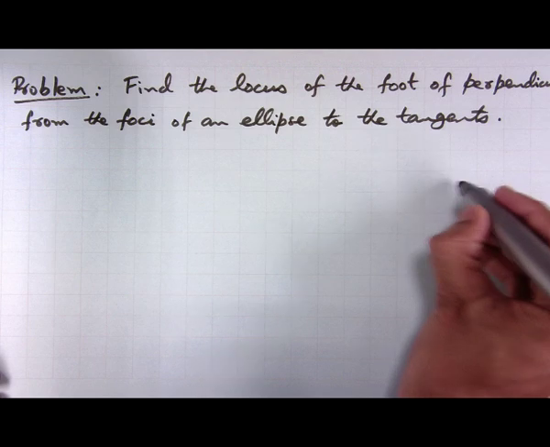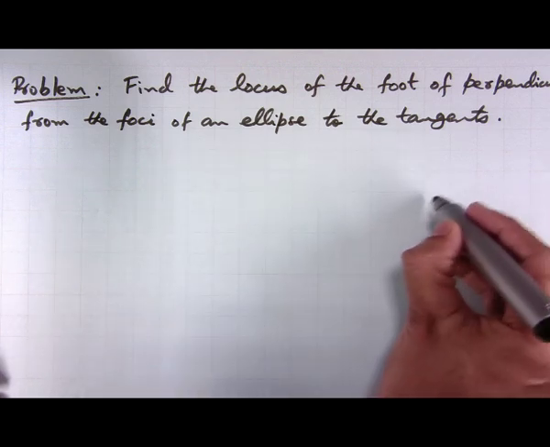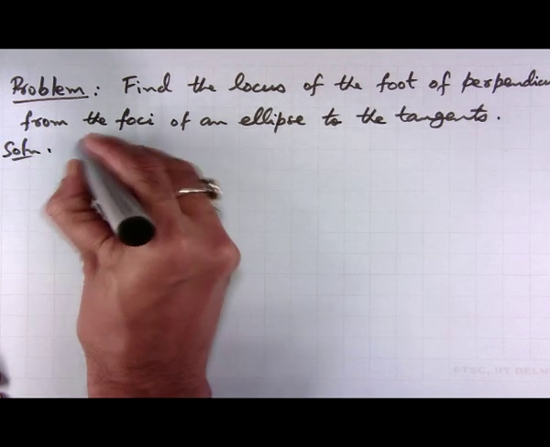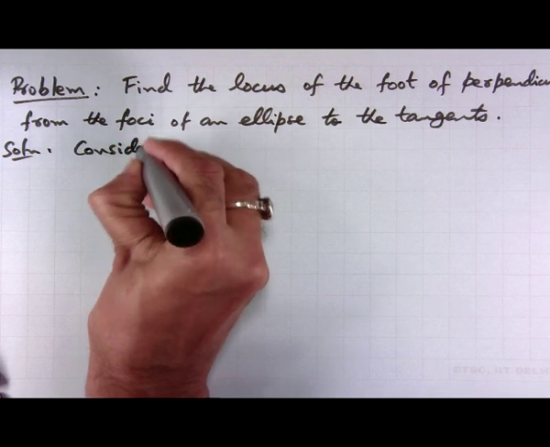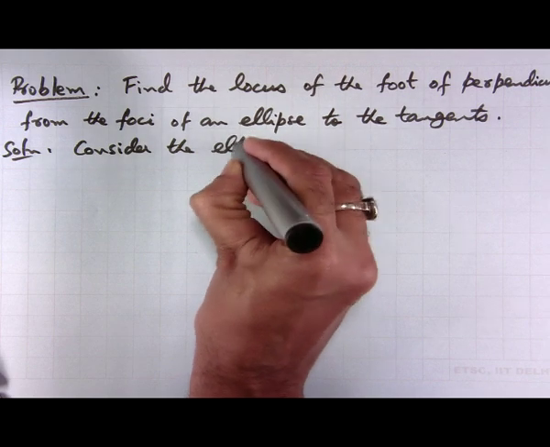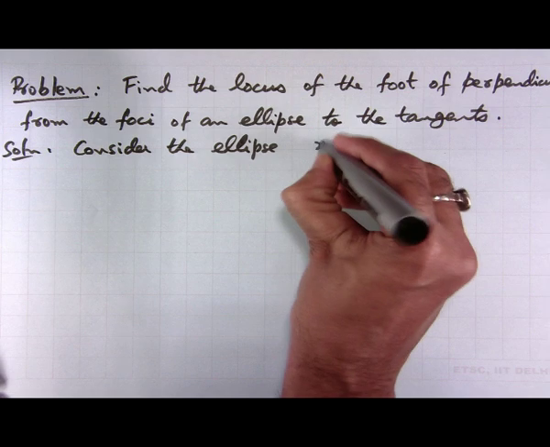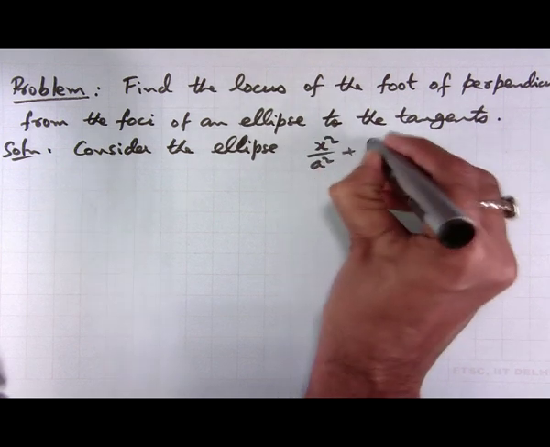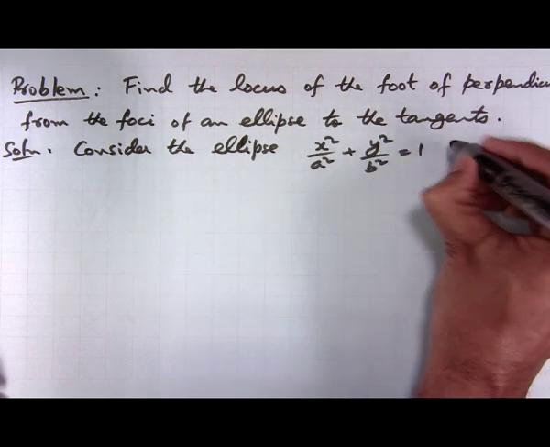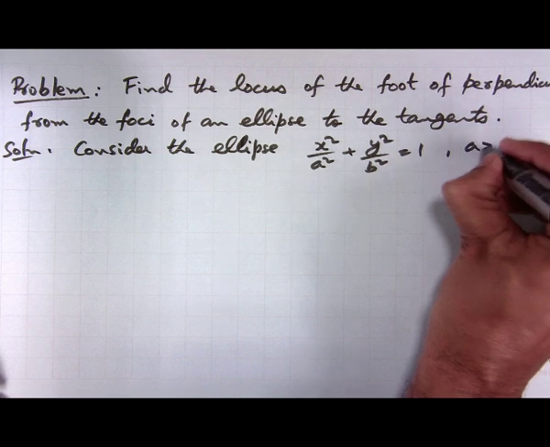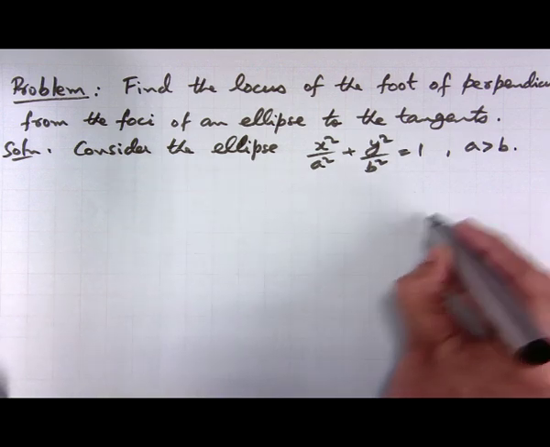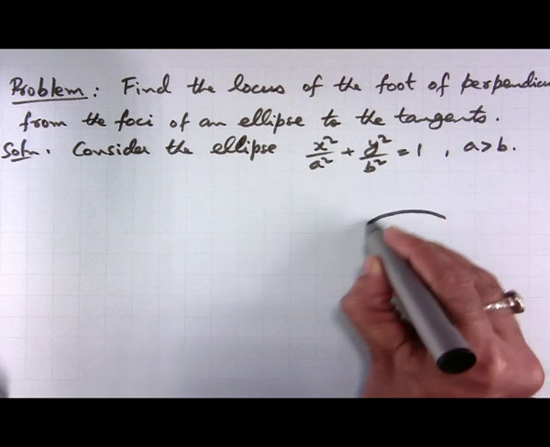So, suppose we consider the ellipse in the standard form x square by a square plus y square by b square equal to 1 with a greater than b. So, we have this ellipse.